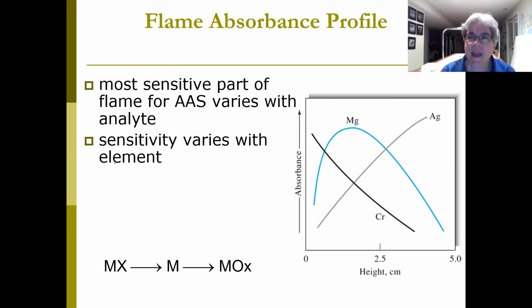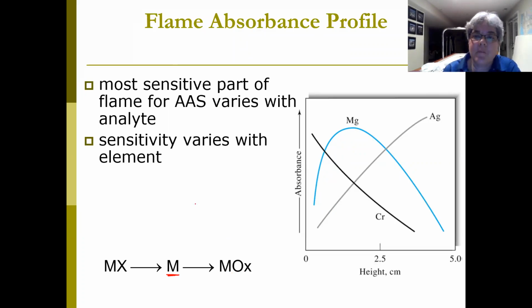Well, remember in atomization, there are a couple of processes that happen. The one we want is that sample converted to M in the gas state. And this is what I'm trying to measure. But remember, M also can form oxides.